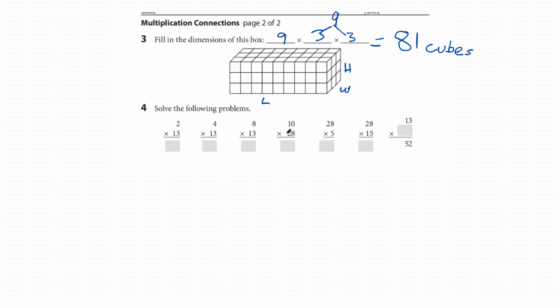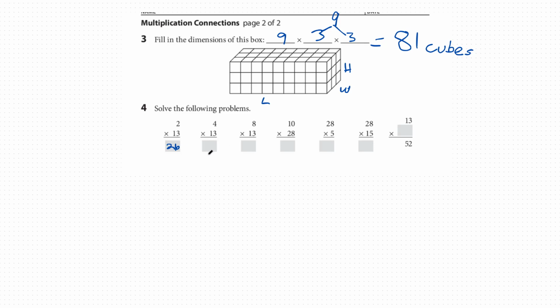All right, so down here, we're thinking the same thing. So that's just kind of quickly how to do that. So we're thinking 13 twice is 26. And if I know 13 times 2 is 26, then 13 times 4 is going to be double that.